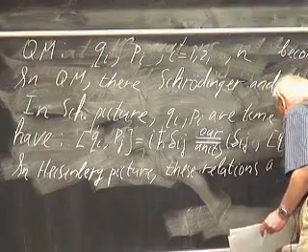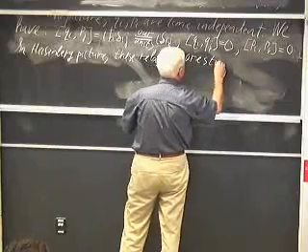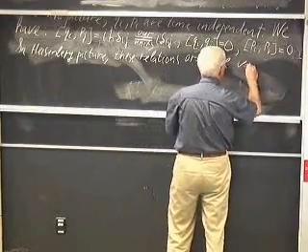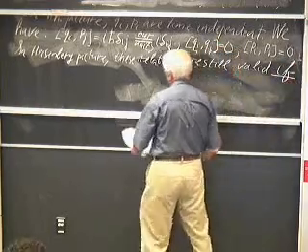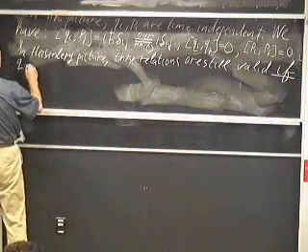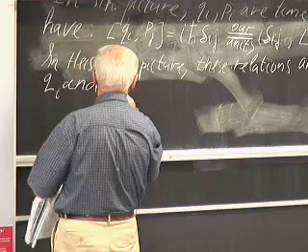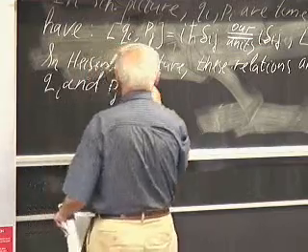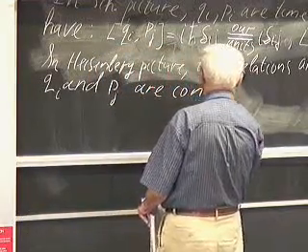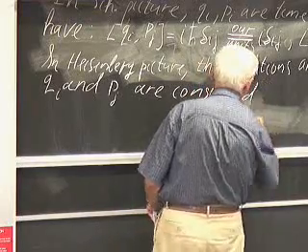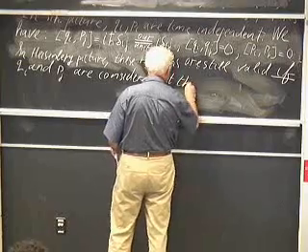They are still valid if Q and P are considered at the same time. So this is an equal time commutator, at the same time, but arbitrary time.